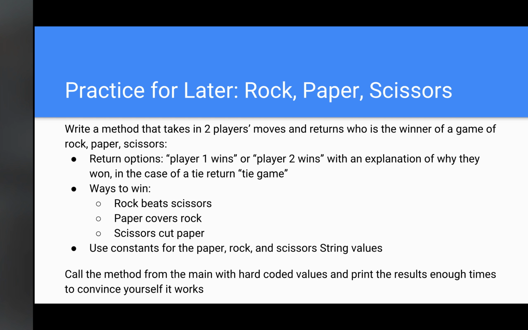Ways to win: rock beats scissors, paper covers rock, scissors cuts paper. You should be using constants for paper, rock, scissors, and they'll be string values. Call the method from the main with hard-coded values and print the results enough times to convince yourself that it works. So have player 1 win each type of way, and have player 2 win each type of way, and then have a couple of tie games.